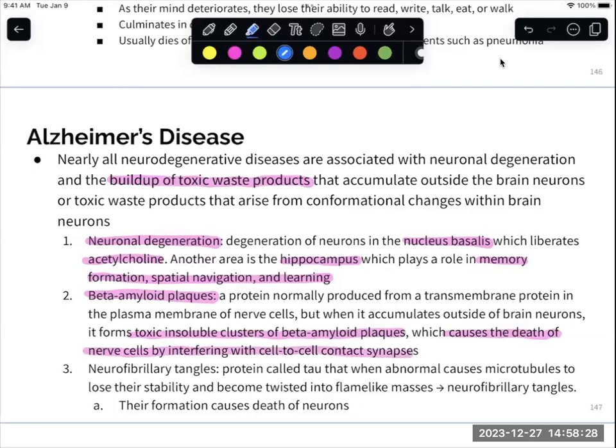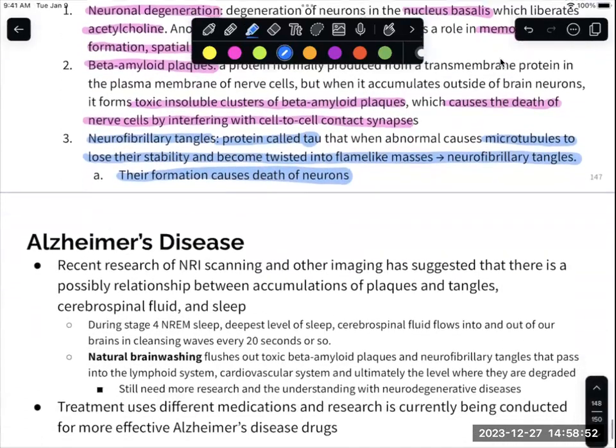We also see these neurofibrillary tangles, which come from those tau proteins that we mentioned earlier. This tau causes microtubules in these neurons to lose their stability, and this is what causes death of some of these neurons.